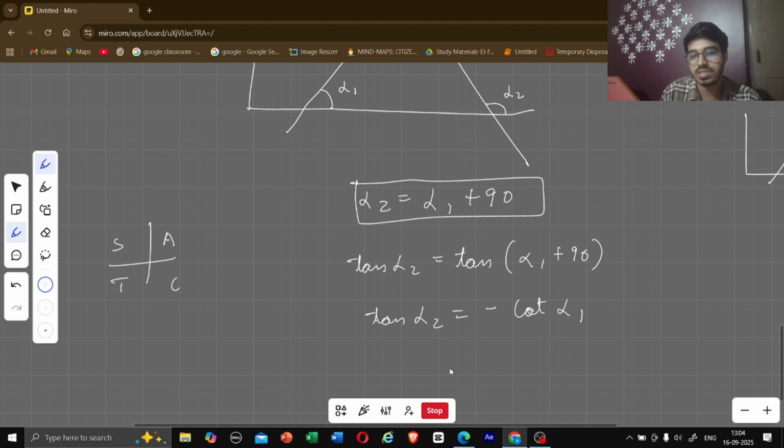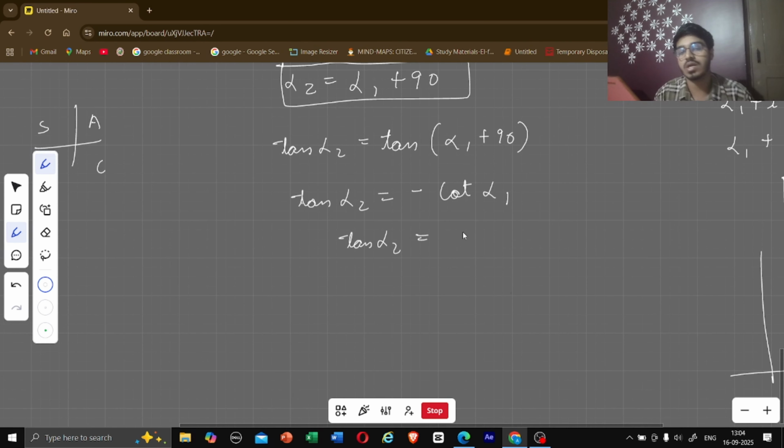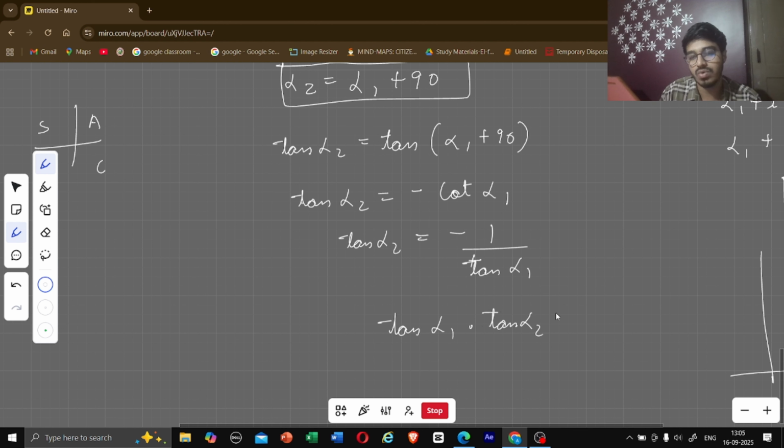So tan alpha 2 is equal to minus cot alpha 1, and cot is 1 by tan, so minus 1 by tan alpha 1. We will take this tan alpha 1 to the LHS. So tan alpha 1 into tan alpha 2 is equal to minus 1.